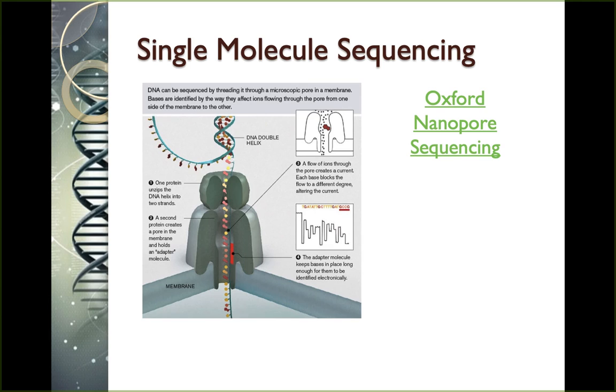It uses these nanopores to take a single DNA molecule, thread it through this nanopore and membrane in order to track the flow of ions that these pores create and record the electrical signal associated with this DNA as it goes through the nanopore. So let me show you. They do a good job of explaining it on this video.